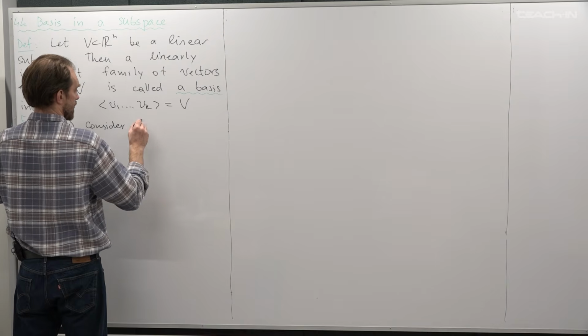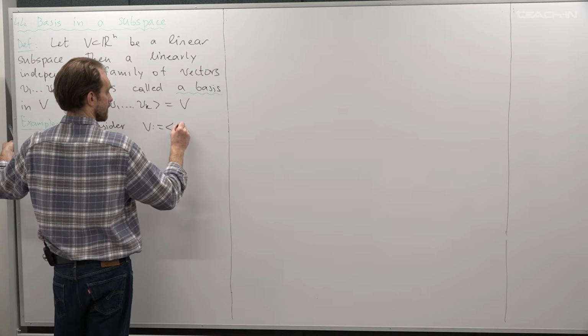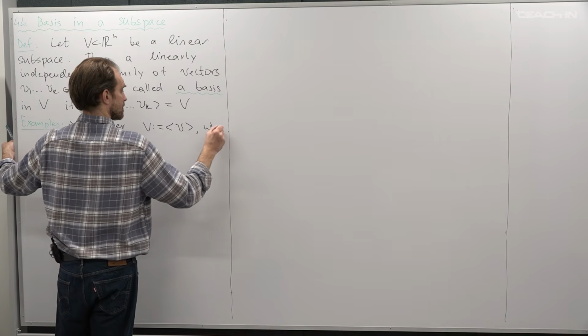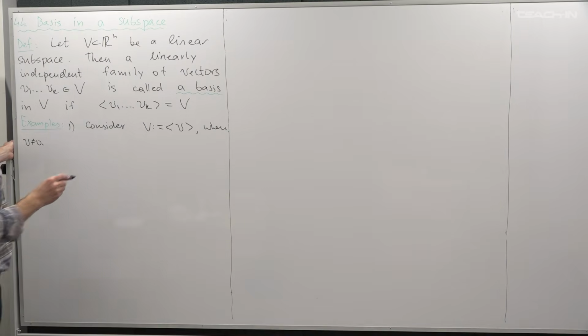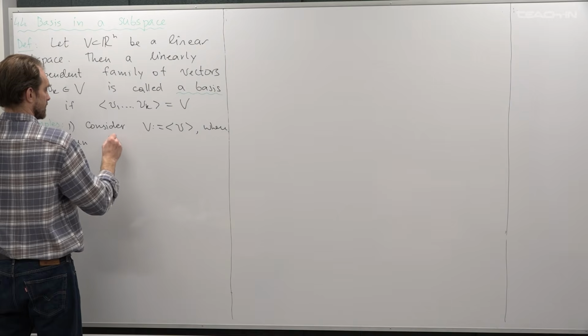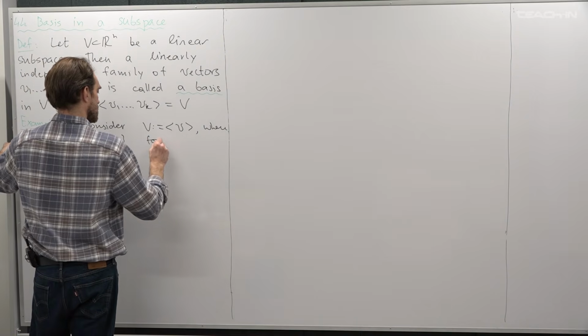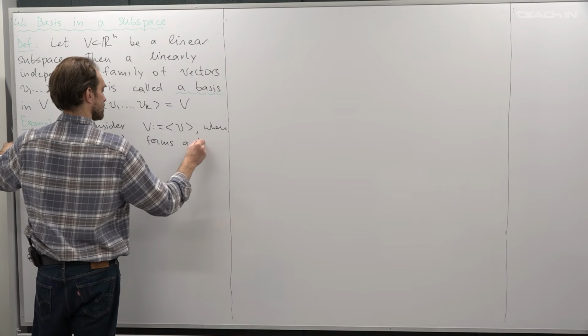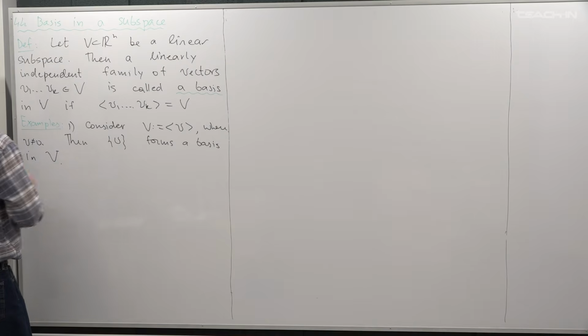Consider the span of some non-zero vector v. Then the system that consists only of v forms a basis in V capital. That's quite obvious.